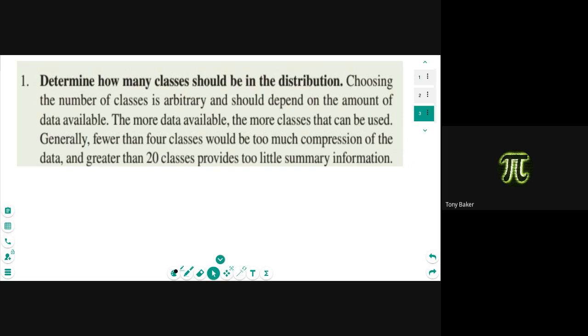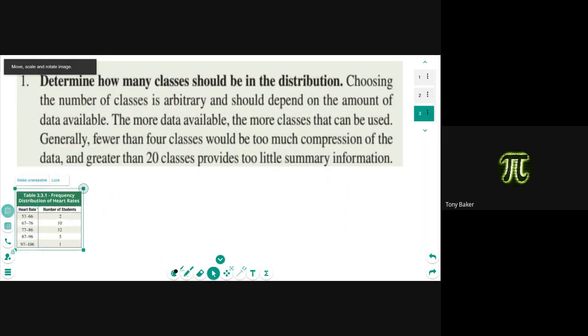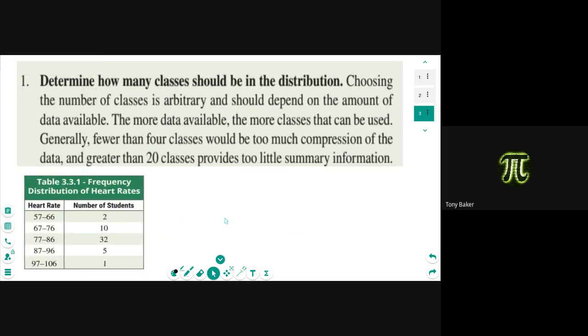In this one, how many classes are there? There's 5. So your classes are basically how many different bins you're putting things into. In this case, we had 5 classes. We could have done more. We could have done less. Probably wouldn't have wanted to do less. 4 or 5 is typically about the lowest you'd want to go.